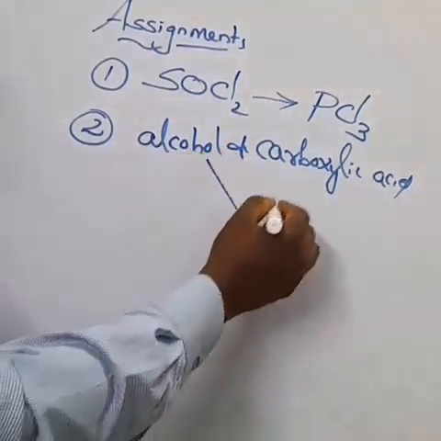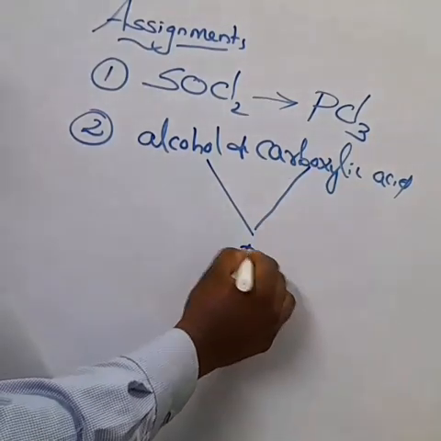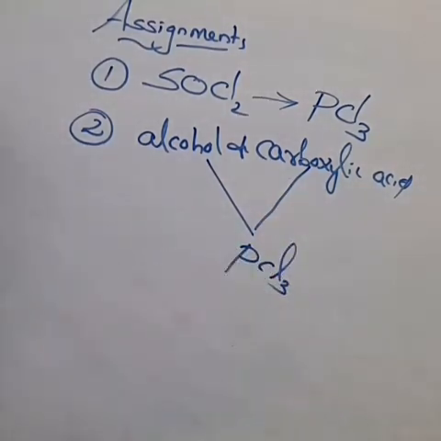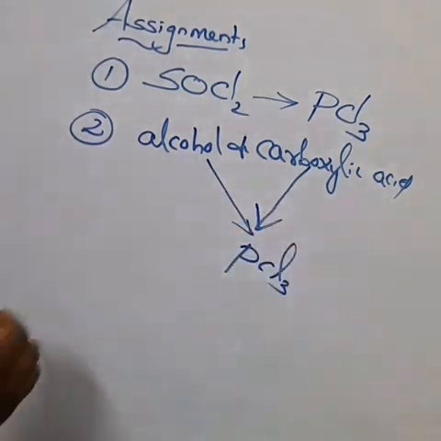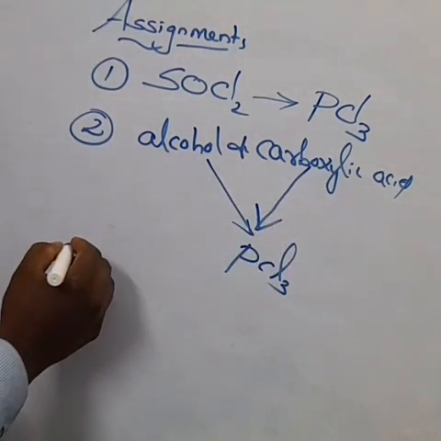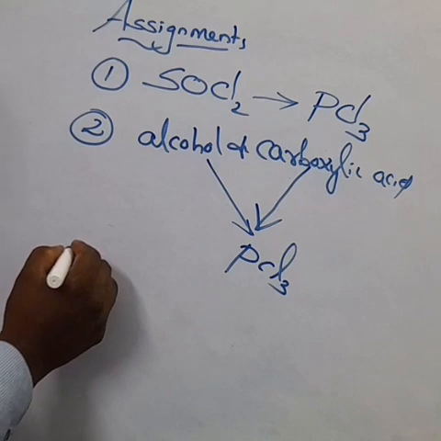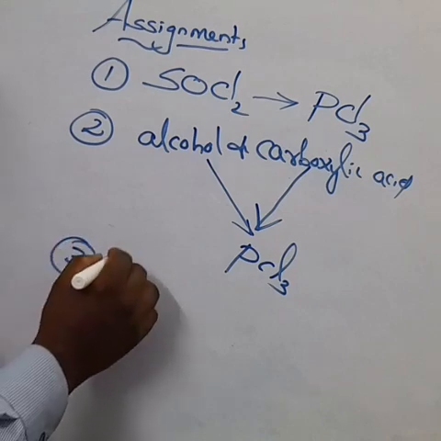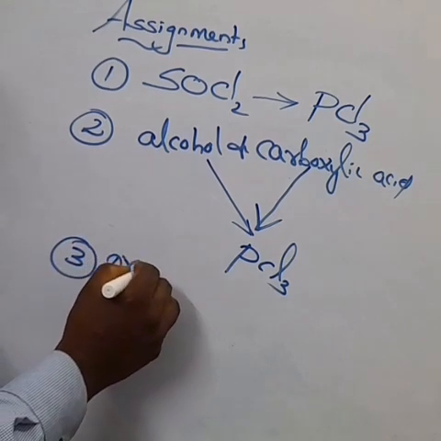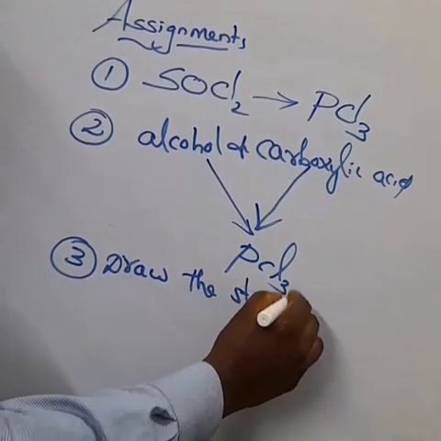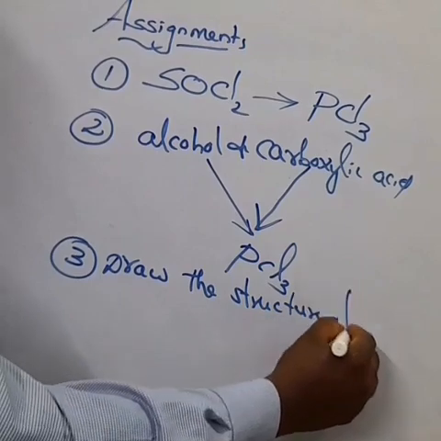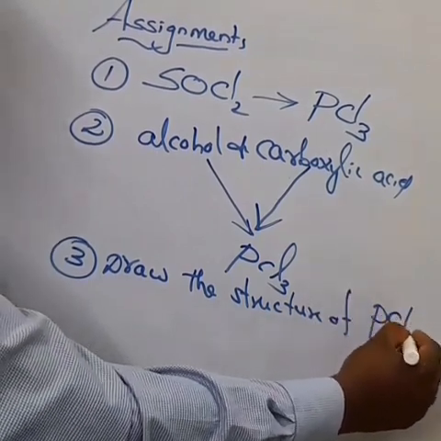And one more question: what happens when carboxylic acid reacts with PCl3? Next, draw the structure of phosphorus trichloride.